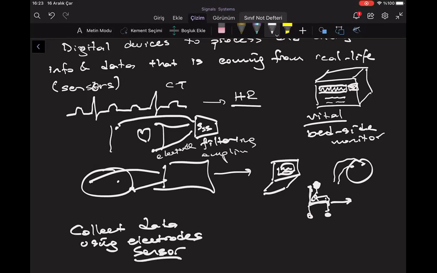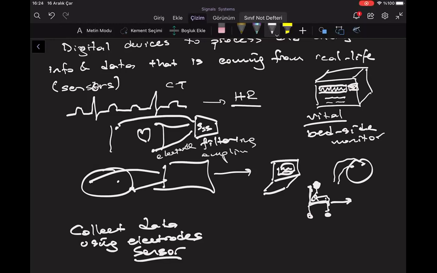It's called sensor system design. You're going to use different sensors, optic-based sensors, pressures, capacitive sensors, different sensors to collect data from the physical world. Human, animals, atmosphere, anything like that.